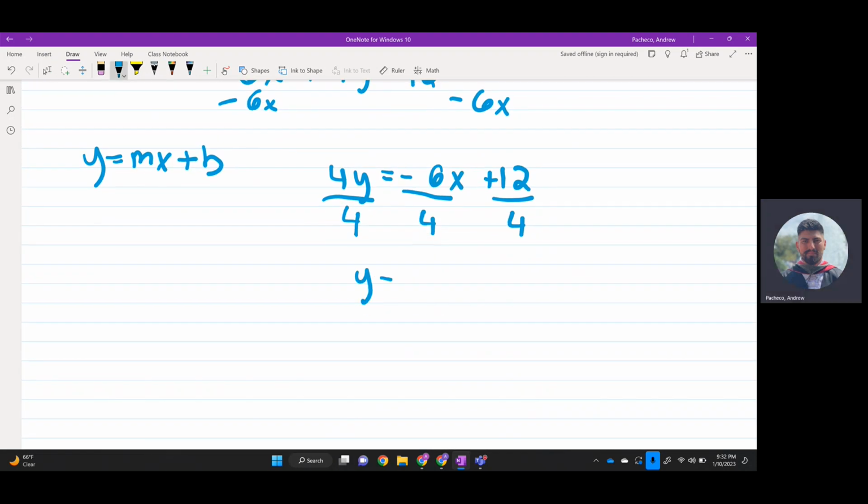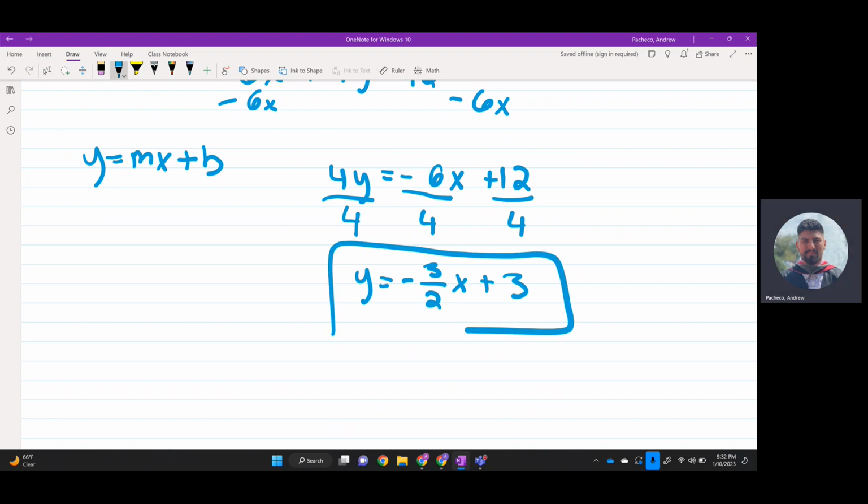I get y is equal to negative, and I'm going to leave this as a fraction, but simplify it to 3 over 2x, plus 3. So this is my y equals mx plus b. So my slope should be negative 3 over 2, and my y-intercept should be 3.